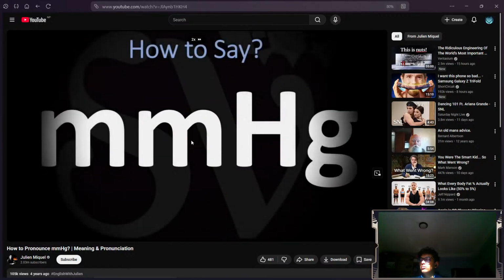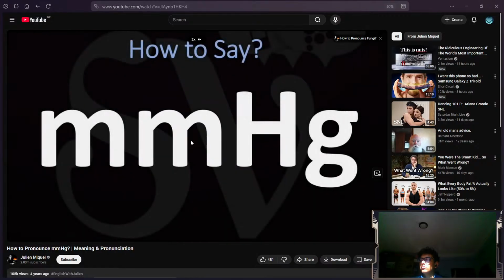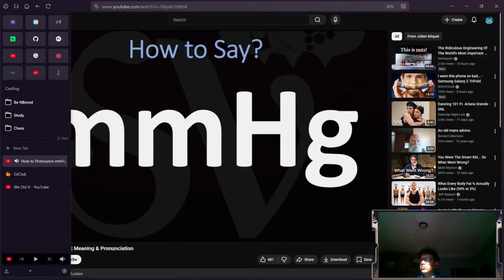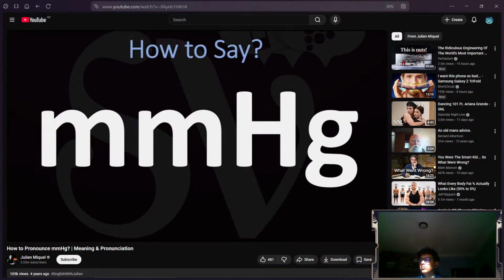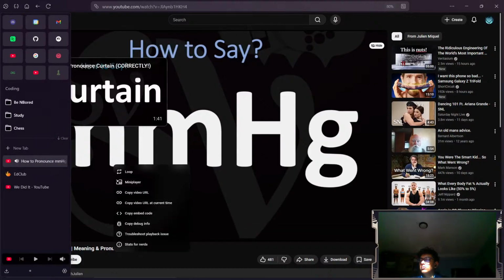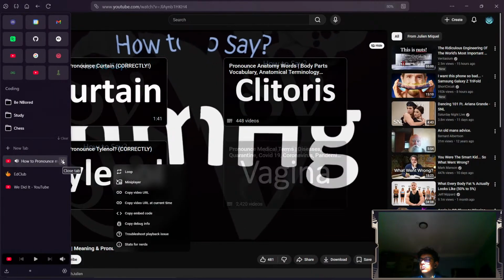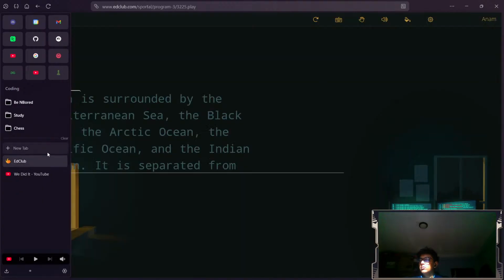We are looking at the meaning of this abbreviation and how to say it. It designates millimeters of mercury, and it is used as a blood pressure unit in medicine. You could say mmHg, but rather say millimeters of mercury. Pretty straightforward.